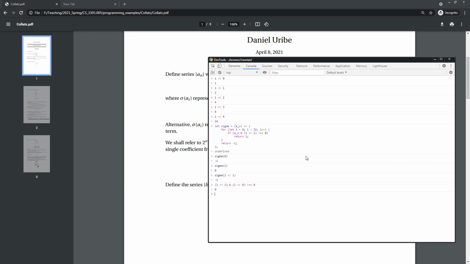So we start with 0, and then that should have been true. This bitwise operation should hold.